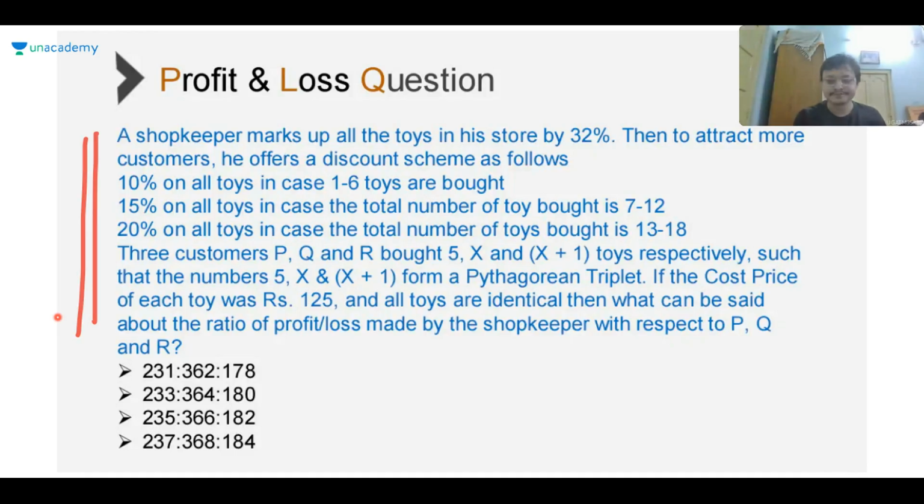Next one. This is a pretty lengthy question.